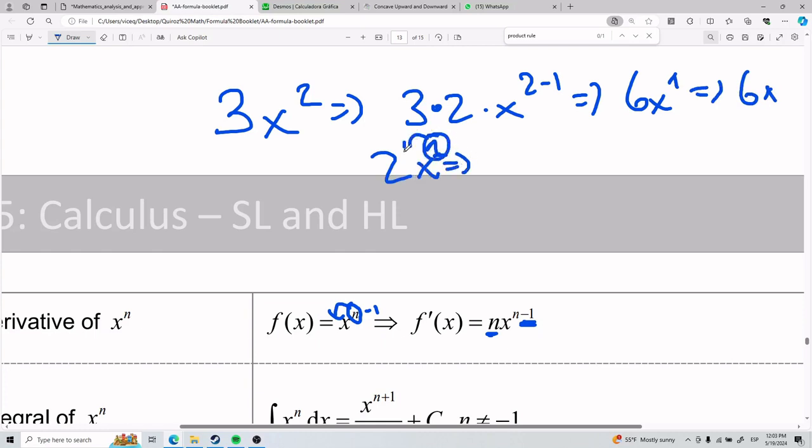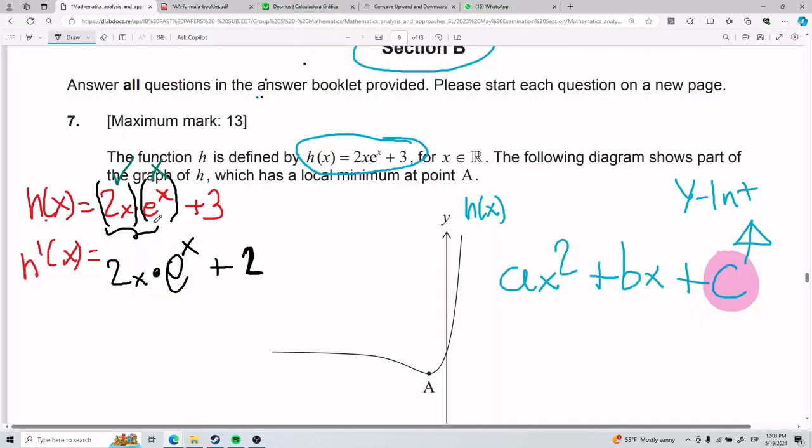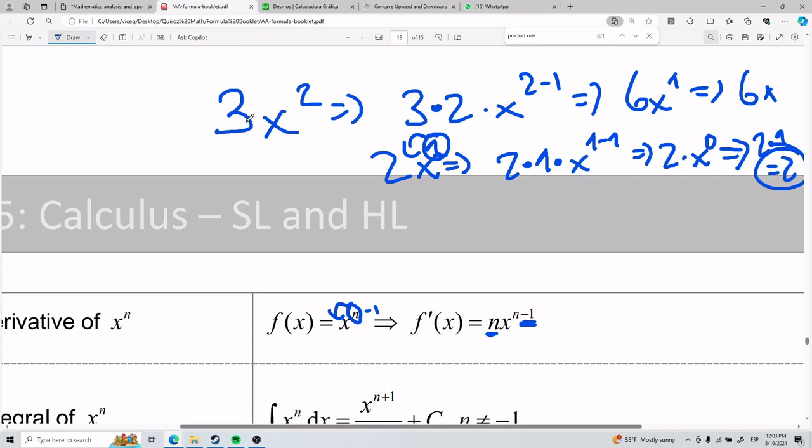So this is going to go in front, so it's going to be 2 times 1 times x to the power of 1 minus 1, which is just going to be 2 times x to the power of 0, and anything to the power of 0, ladies and gentlemen, is just going to equal 1. So this is 2 times 1, which is just 2. Bada bim, bada boom. So over here, the derivative of the first one is just going to be 2, and the second one I do not touch because of the product rule.